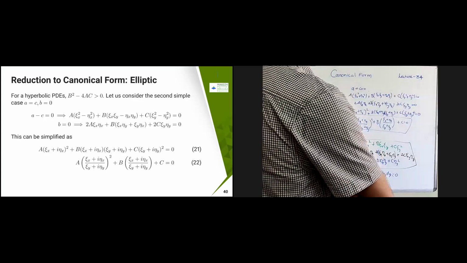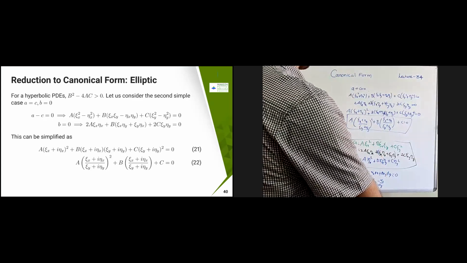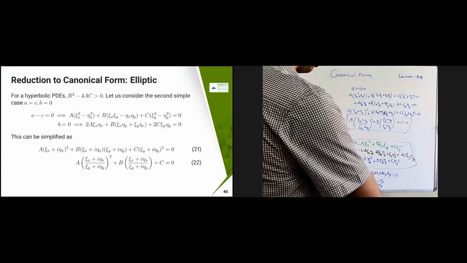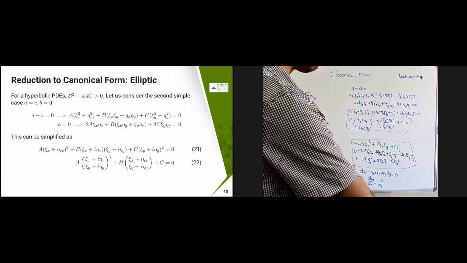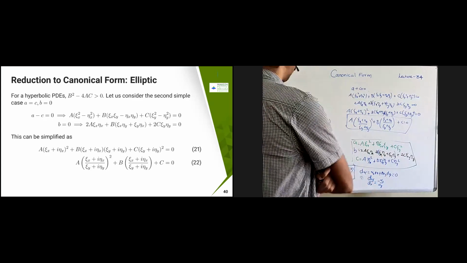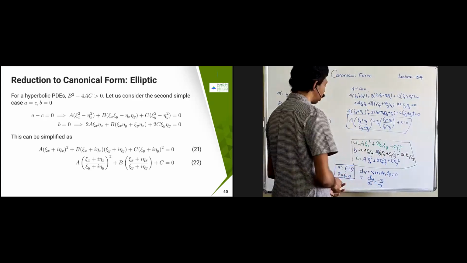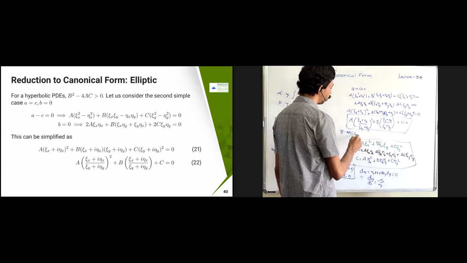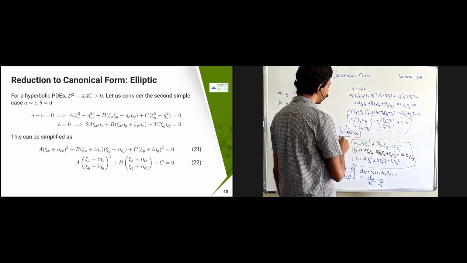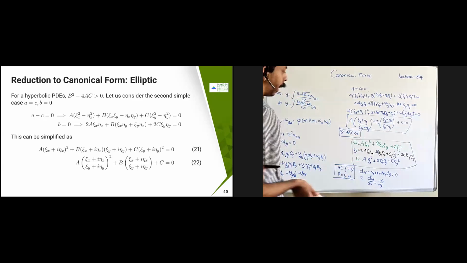Okay, so let's take the elliptic cases. In elliptic cases, what we have, again there's a mistake, I think. Okay, that is fine. For hyperbolic cases, we have b square minus 4ac greater than 0. For elliptic cases, we have b square minus 4ac less than 0. The simple case we had is a equal to c.